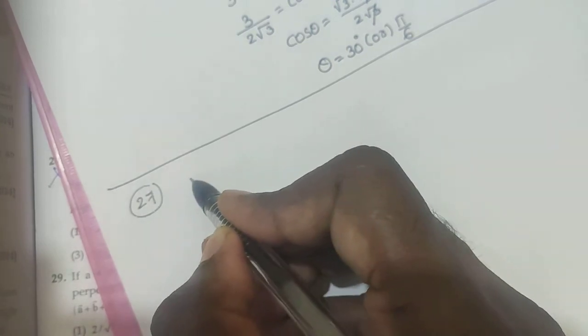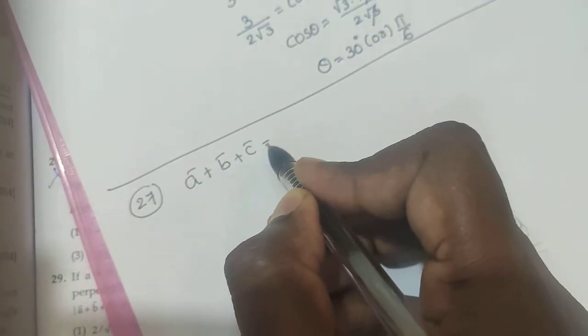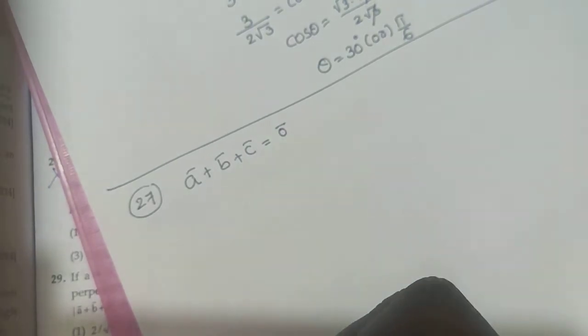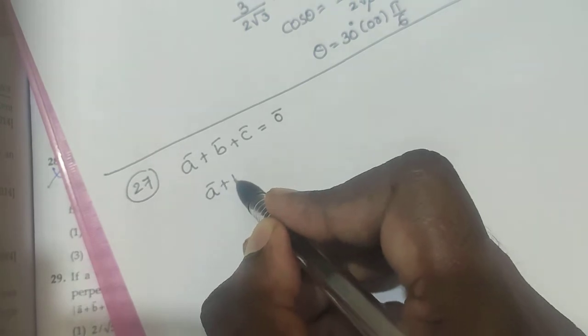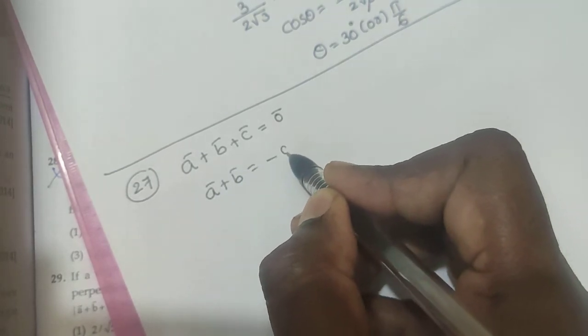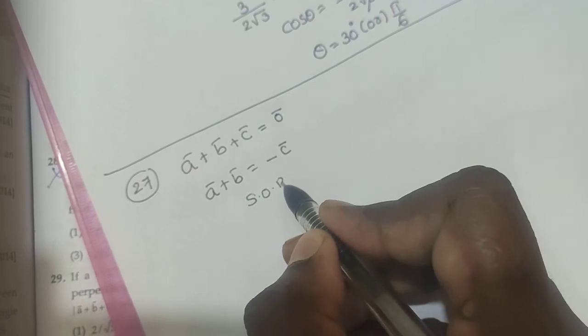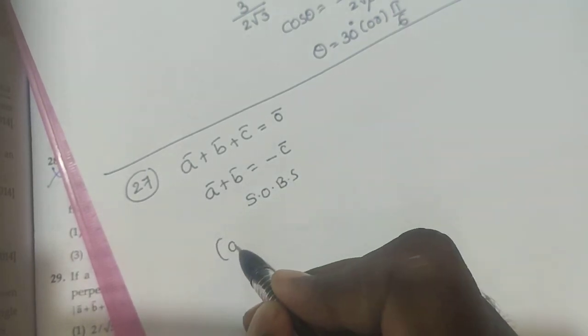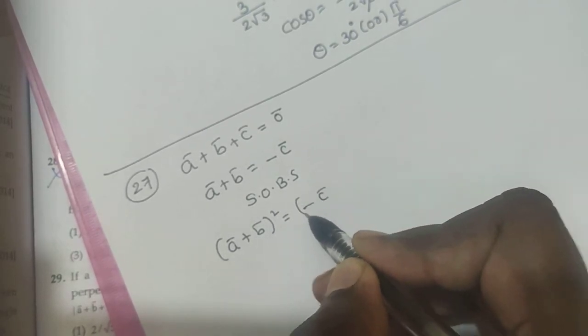27th question. They given a bar plus b bar plus c bar equals 0 bar. From this condition we can write a bar plus b bar equals minus c bar. Squaring on both sides. Then a bar plus b bar whole square equals minus c bar whole square.